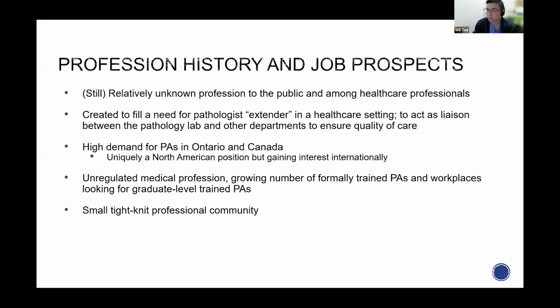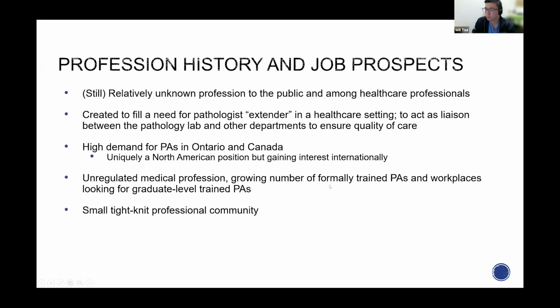Generally speaking, the demand for PAs in Ontario and Canada has been quite high, and it still is. The PA profession outside of North America is pretty much nil, but it is gaining interest internationally. Interestingly enough, our profession is unregulated compared to other medical professions, such as nurses, RTs, and other technicians.